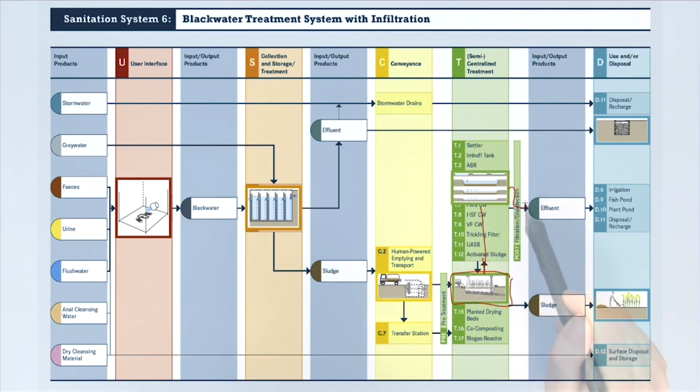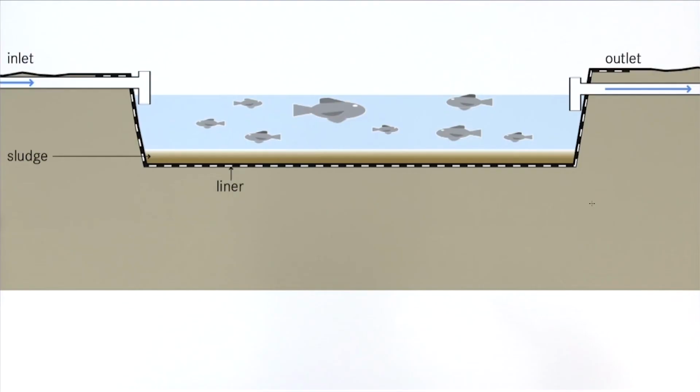Now, as a final step, we need to get rid of all of this effluent somehow. So what we're going to do is we're going to actually put fish into a final finishing pond and dilute that effluent so that we can grow fish and hopefully generate some revenue in the process.